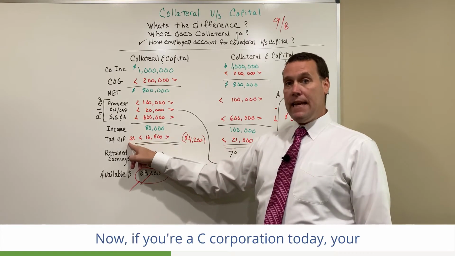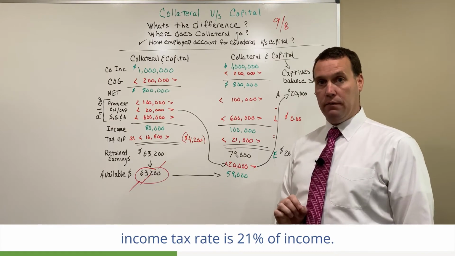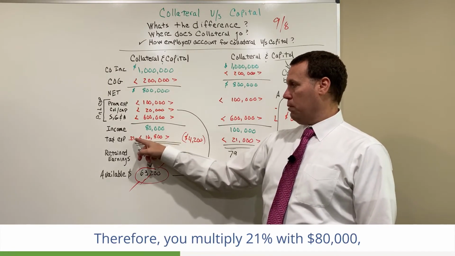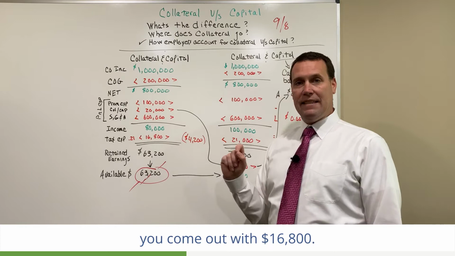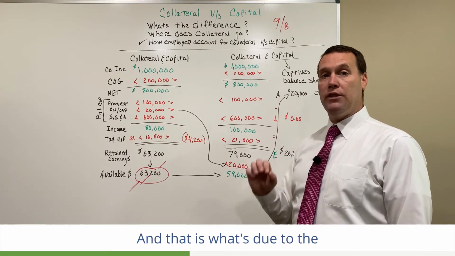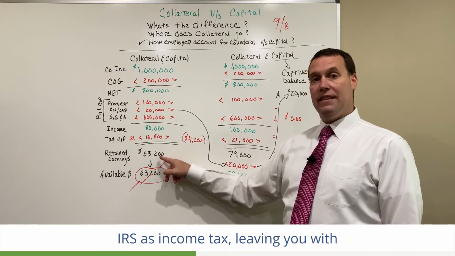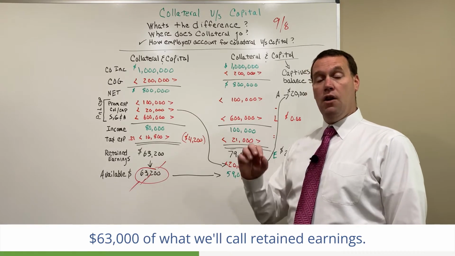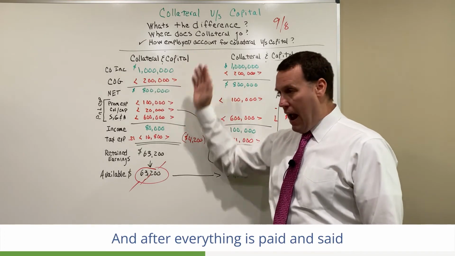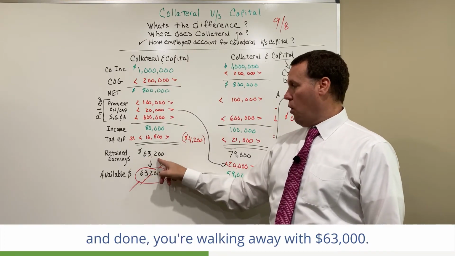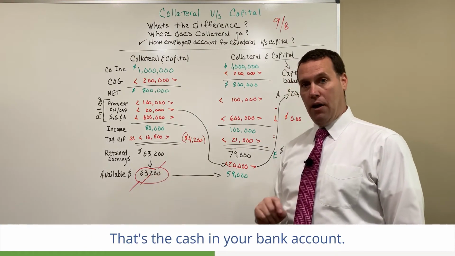Now, if you're a C corporation, today your income tax rate is 21% of income. Therefore, you multiply 21% by $80,000, you come out with $16,800, and that is what's due to the IRS as income tax, leaving you with $63,000 of what we'll call retained earnings. You brought in $1 million, and after everything is said and done, you're walking away with $63,000. That's the cash in your bank account.